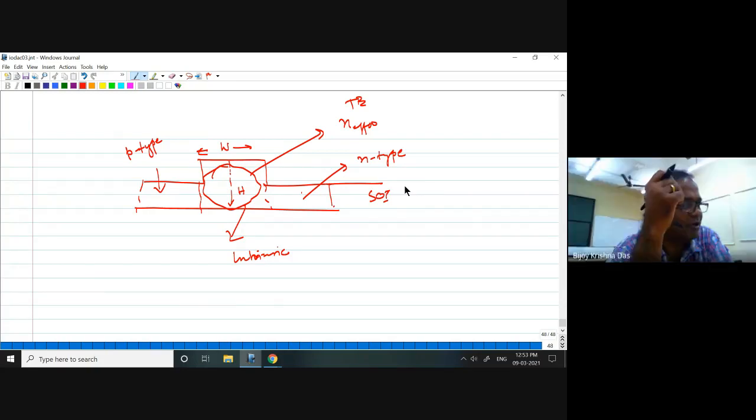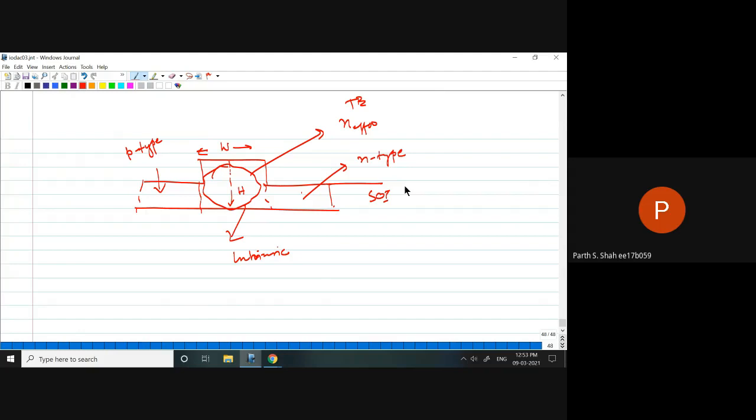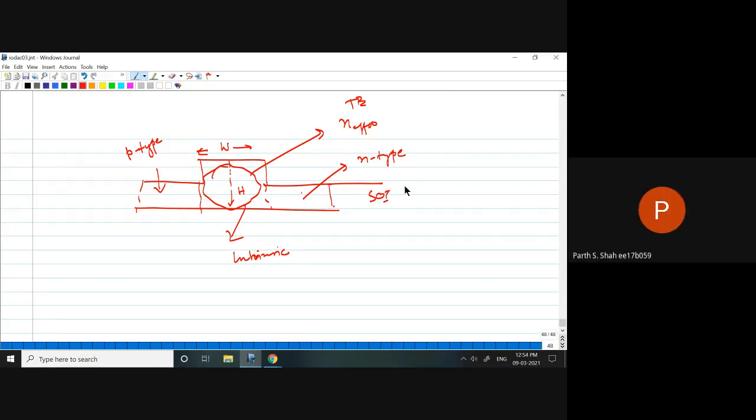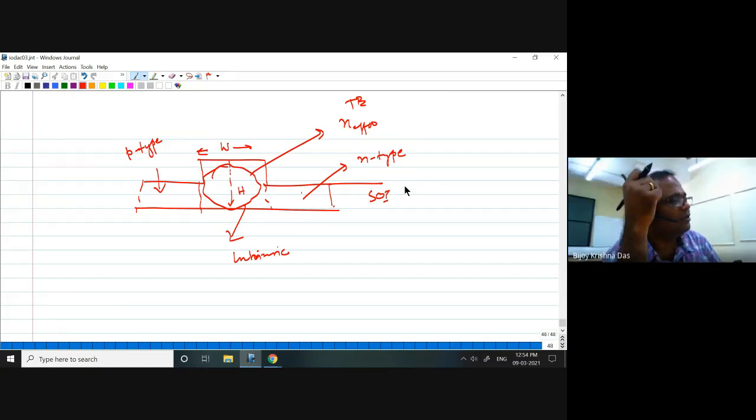But when you dope, you have a free carrier, electrons or holes, right? So sigma is there. Sigma can contribute to loss, right? So that is actually attenuation.